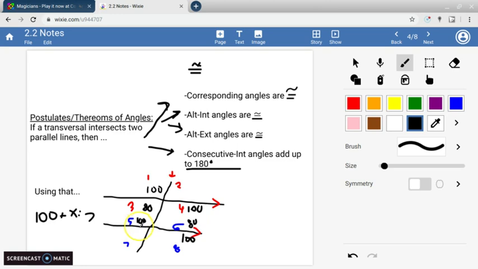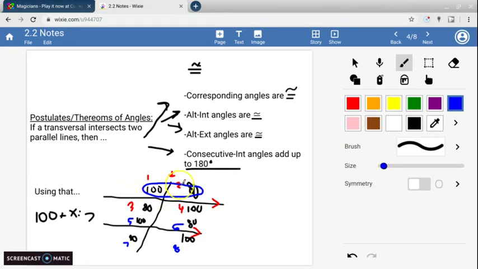And then we also know which one corresponds with 6, angle 2, which is 80 degrees, and which one corresponds with 3, angle 7, which is 80 degrees. So really, there are only 2 different measurements that each angle has. But using the supplementary rule, we know that 100 plus 80 equals 180. And you might think, well, is there consecutive exterior angles? Technically, yes, you see this 2 and 8, but we just don't really talk about that. But that's technically a thing.